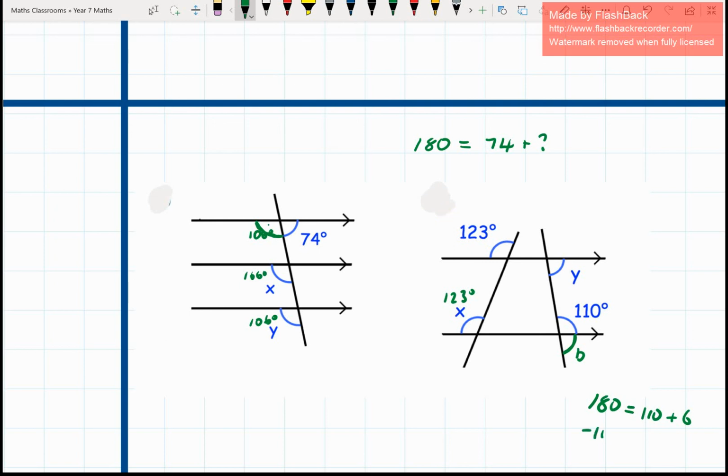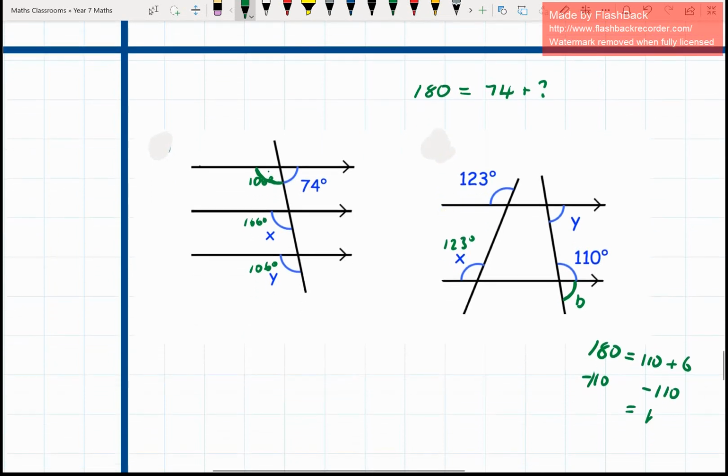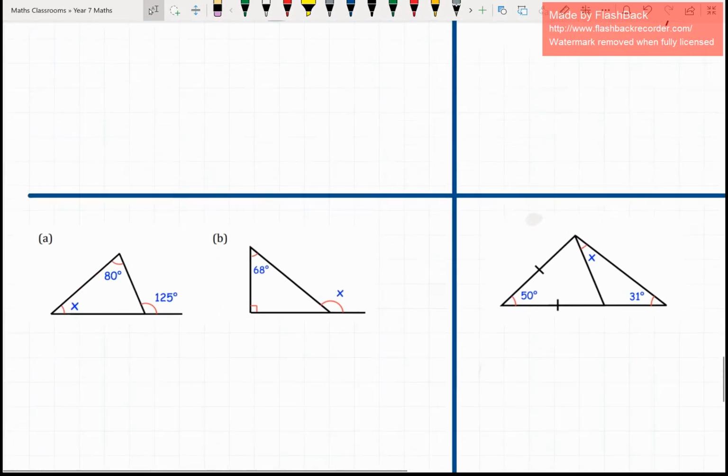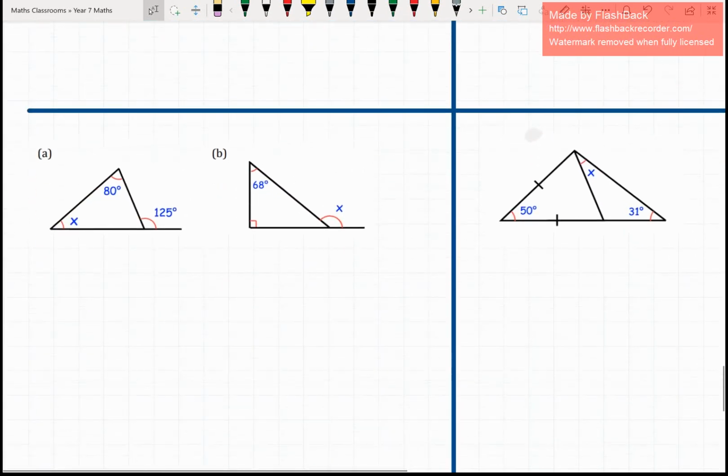We take away 110 from both sides, and we end up with B equaling 70. So B would equal 70. That would be there, which means that y would equal 70 as well, because that would be the corresponding angle to that one. But because of that, we call that one co-interior as well. Co-interior.